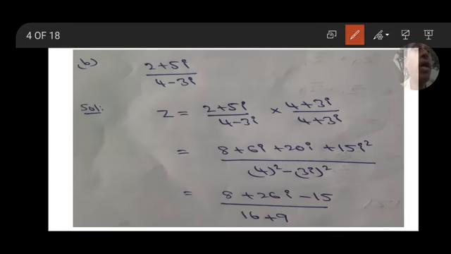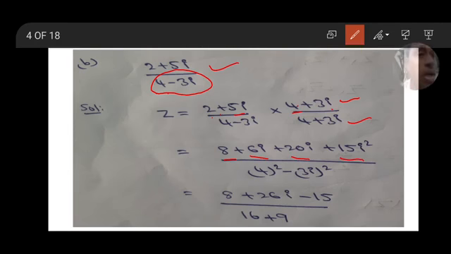(2 plus 5i) by (4 minus 3i). It is also the same. Here the denominator is 4 minus 3i, so we have to multiply and divide with 4 plus 3i. So (2 plus 5i) by (4 minus 3i) into (4 plus 3i) by (4 plus 3i). Multiplication: 2 into 4, 8; 2 into 3i, 6i; 5i into 4, 20i; 5i into 3i, 15i square.